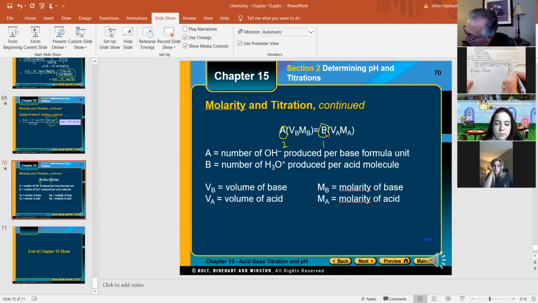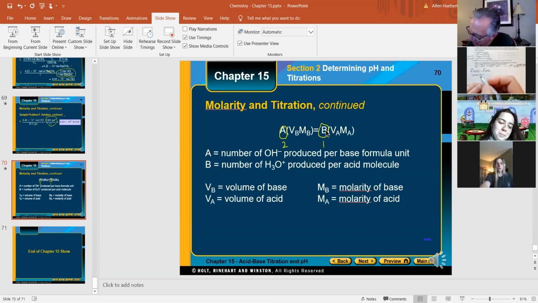Isn't it 30.0? So 30.0 milliliters. And what's the molarity of our base? We don't know it. We're going to put MB right here.